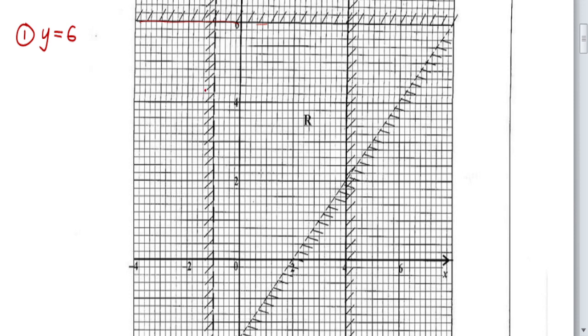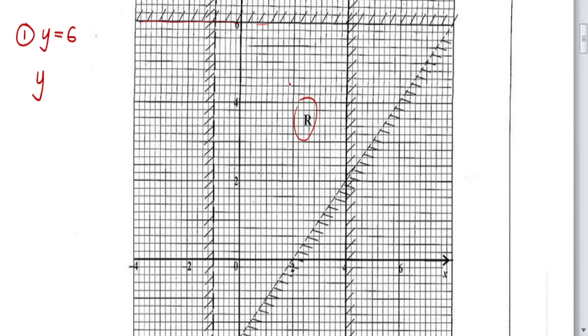Now the question I'm going to ask is, is it shading above region R or below region R? Is it less than or greater than? We are looking for this region here which is not shaded, and the region that they've shaded is the region above. So this simply means that the y we're looking for is less than, because we want the region where R is found.